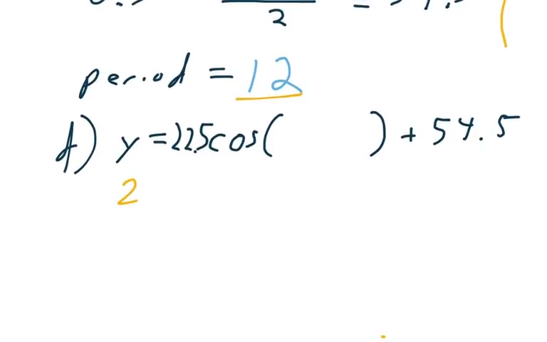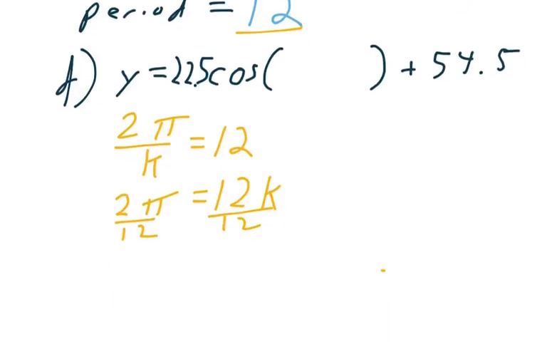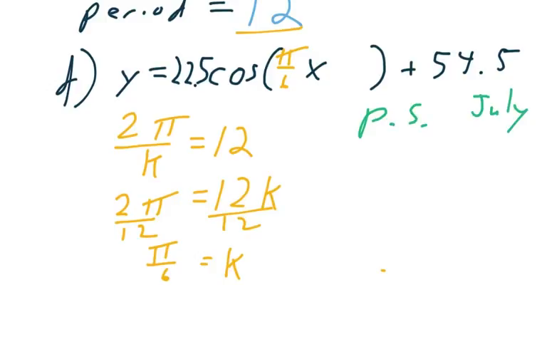So 2 pi divided by k is equal to 12, which means 2 pi is equal to 12k. Divide both sides by 12, and k is equal to pi over 6. Now the phase shift, since the highest month for temperature is July, we are going to have a phase shift of 7.